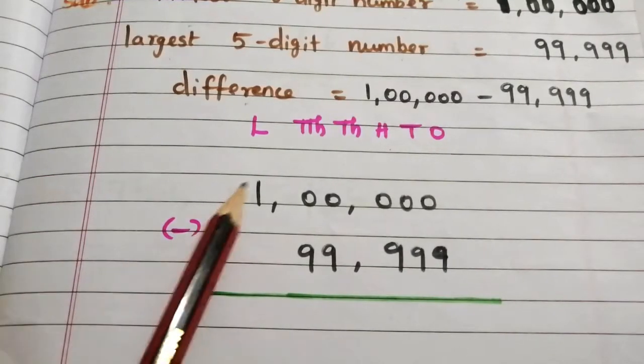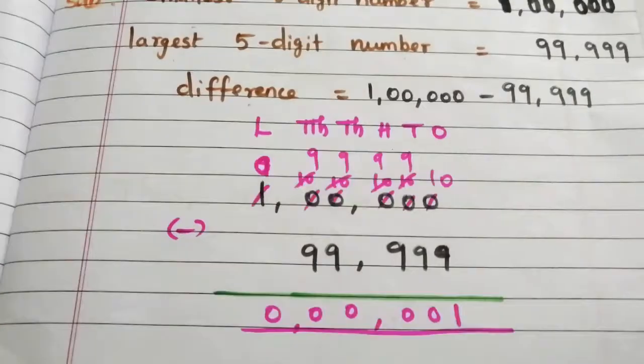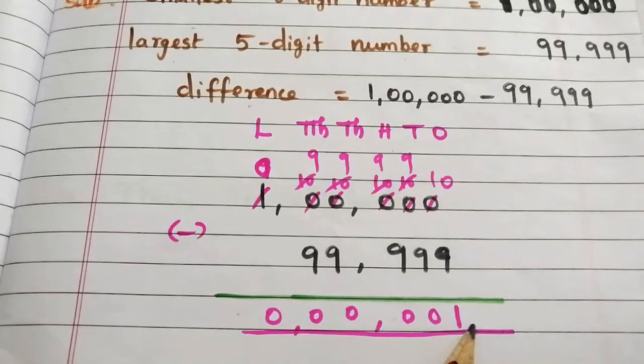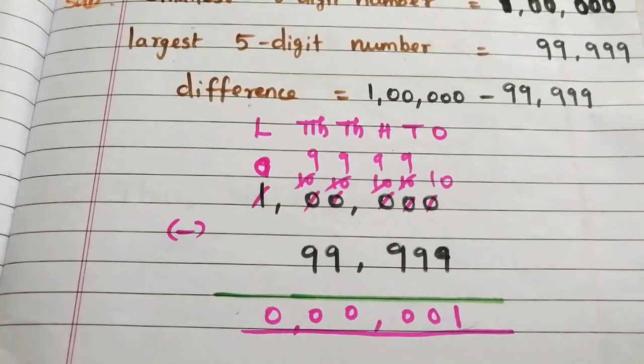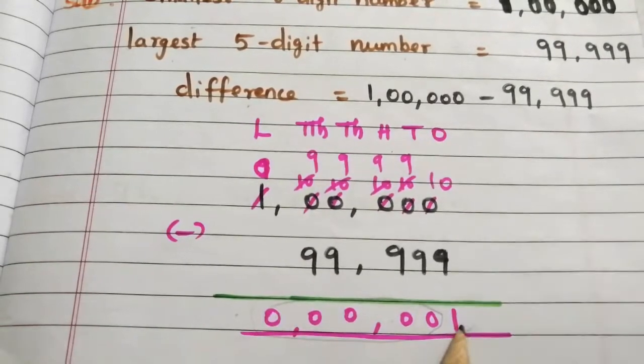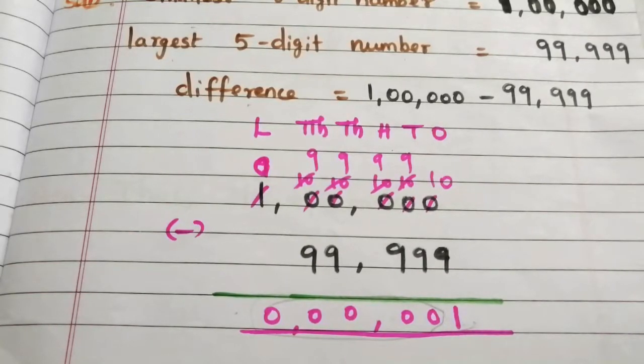So first we write these two numbers vertically, then start subtraction from ones place. After subtraction we get this number. That means our answer is 1. Zeros before any digit has no value. So our answer is 1.